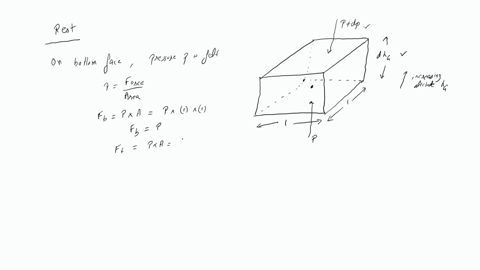The pressure is P plus dP, and the area is 1 cross 1, so Ft equals P plus dP. So we now have the force at the bottom as well as on the top. Now we can easily find the volume of the fluid element.